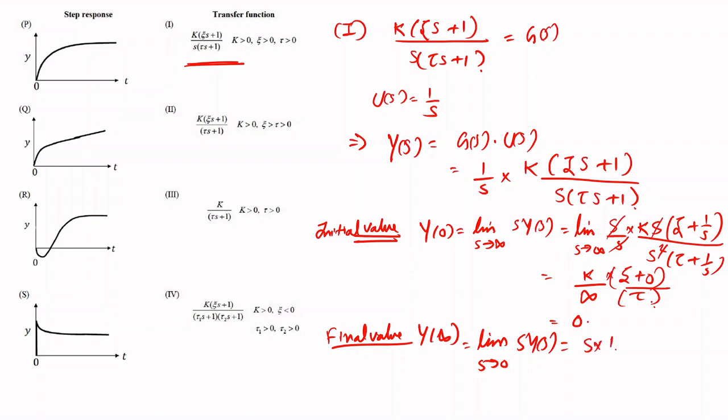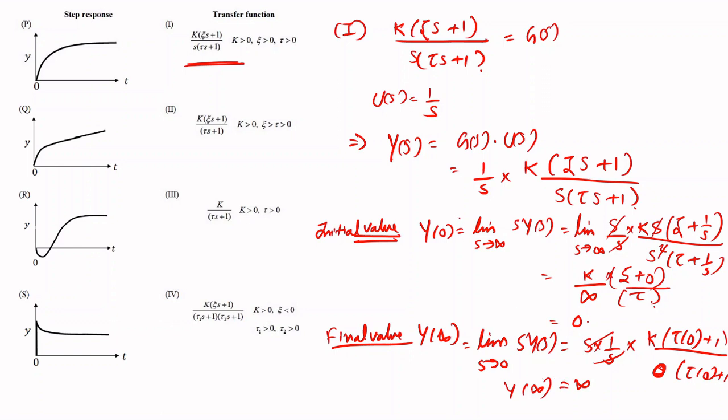That is s into 1 upon s into k (zeta times 0 plus 1) upon s (tau into 0 plus 1). This will get cancelled out. So over here we will have 1 upon 0, that is basically infinity. So when time t tends to infinity, the value of the output will also keep on increasing. That is, we don't have a bounded output.